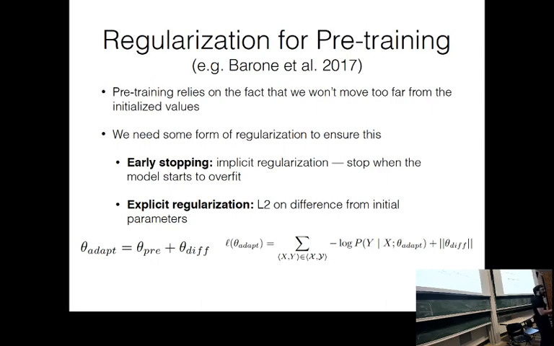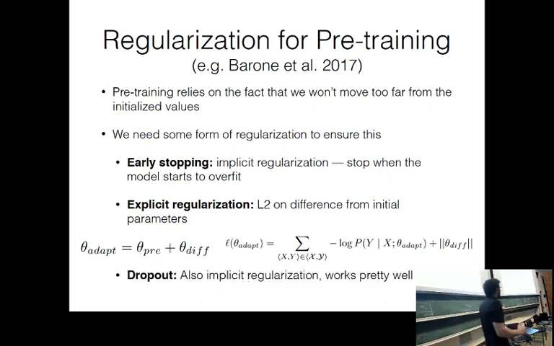You still have your normal P of the outputs that you want, given X, given the parameters of your model, but you also penalize the difference of those parameters that you learned from the initialized ones. And again, presumably, this will keep the model from updating the parameters too much, or basically the model would only update the ones that are absolutely necessary in order to, for example, adapt to this new domain or these specific tasks.